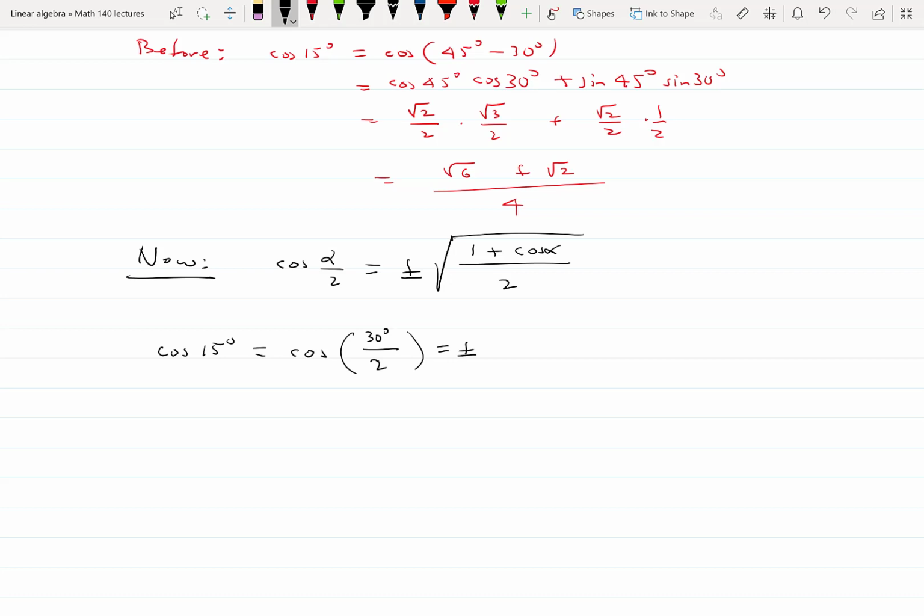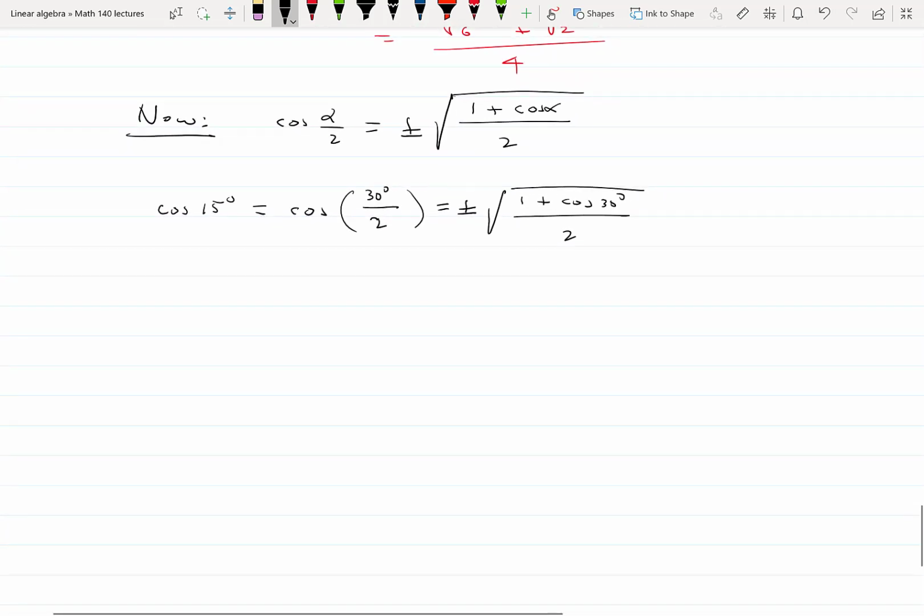So this equals plus or minus the square root of, and in the identity, what am I going to substitute for alpha? 1 plus cosine of how much? Alpha is 30. Okay, don't forget the plus or minus. That's the second mistake, to not put a plus or minus there, or to choose the wrong sign. So this is plus or minus the square root of, and the cosine of 30 is radical 3 over 2.